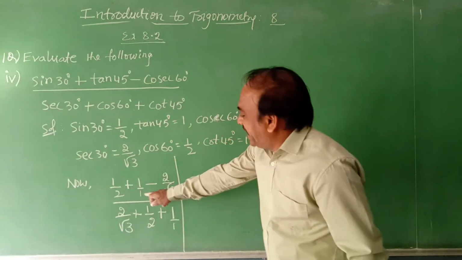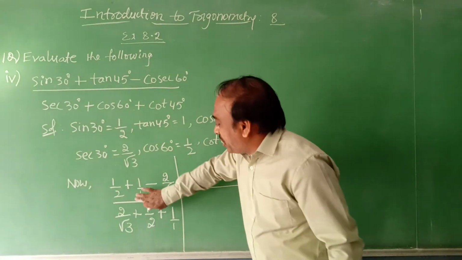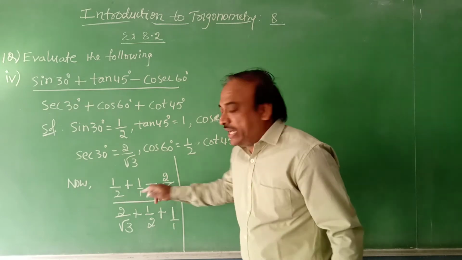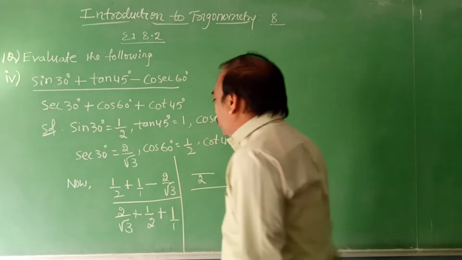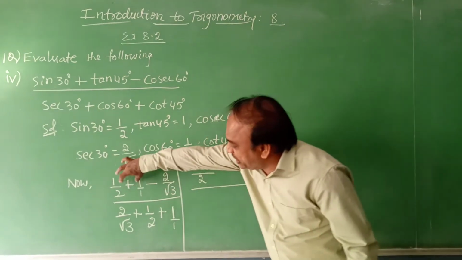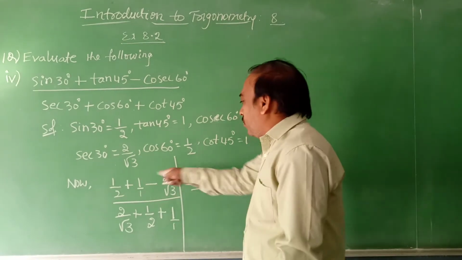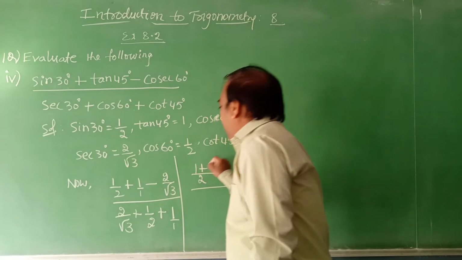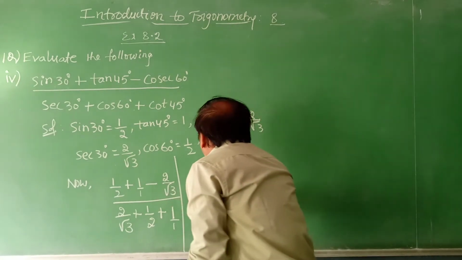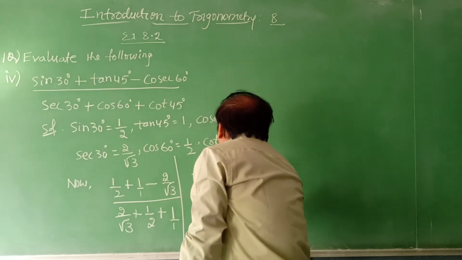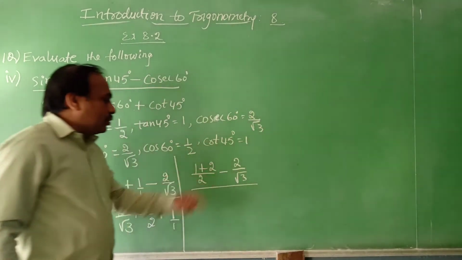Taking the LCM of only these two, 2 and 1, the LCM will be 2. 2 into 1 is 1, plus 2 times 1 is 2, minus 2 by root 3.